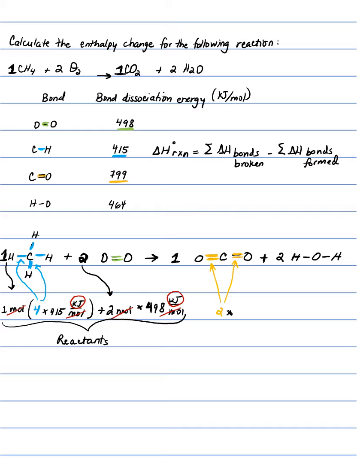This is 1 mole from the coefficient. And each carbon double bond oxygen is 799 kilojoules per mole. And we're missing the last one, which is H2O. So hydrogen, oxygen, let me see which color I have not used.